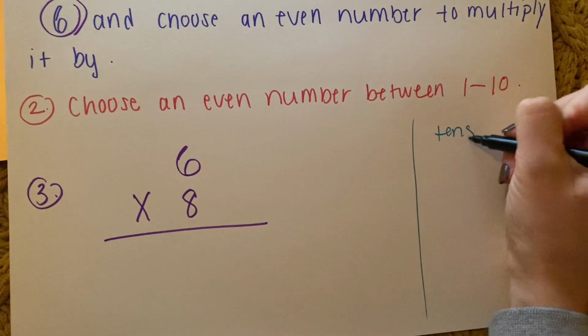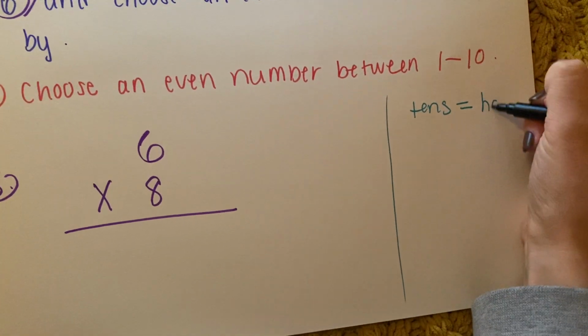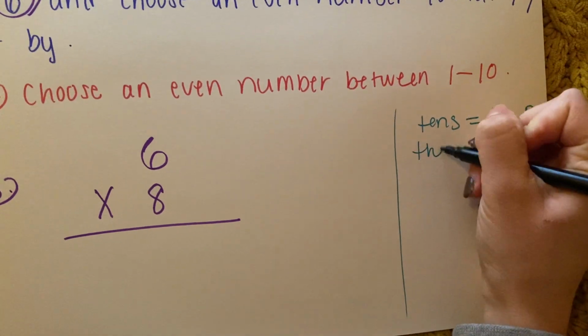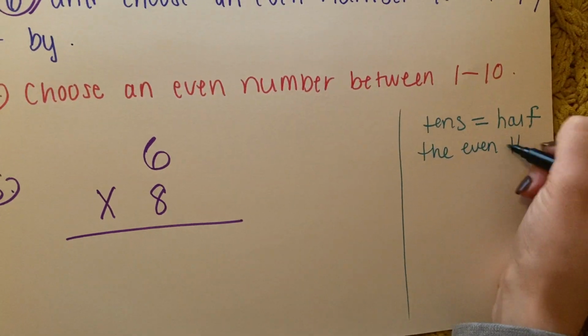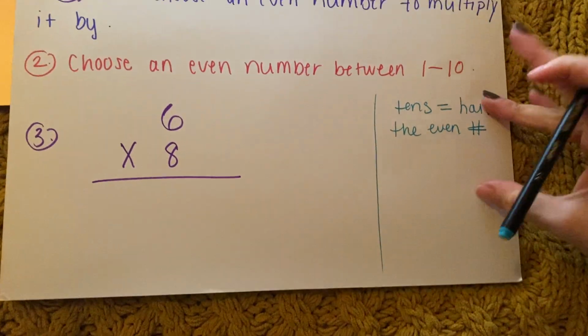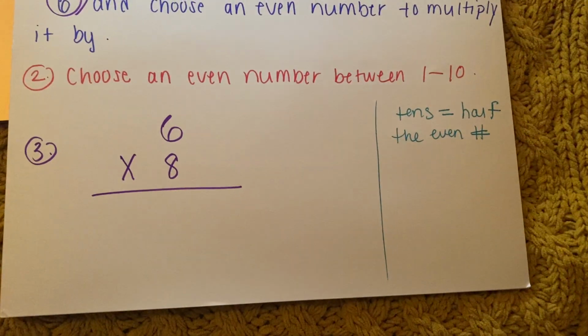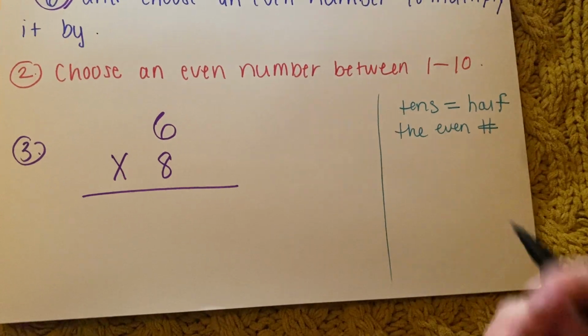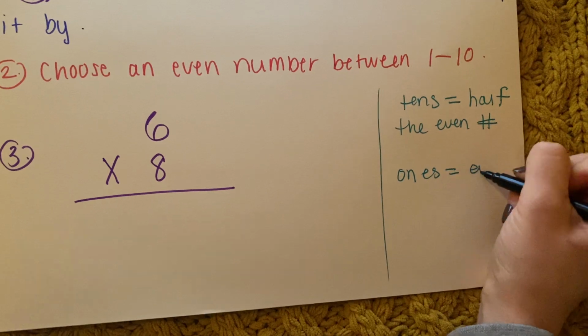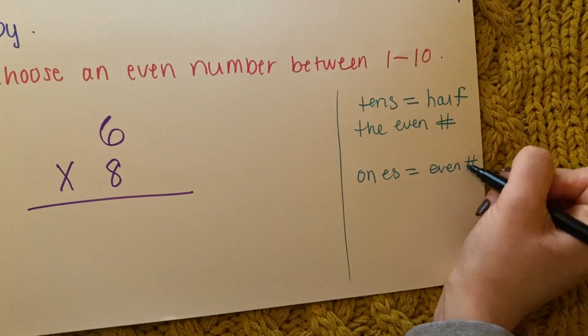The tens equals half the even number. That is the first part of the algorithm. The second part reads that the ones digit is going to be the even number. So the ones equals the even number.